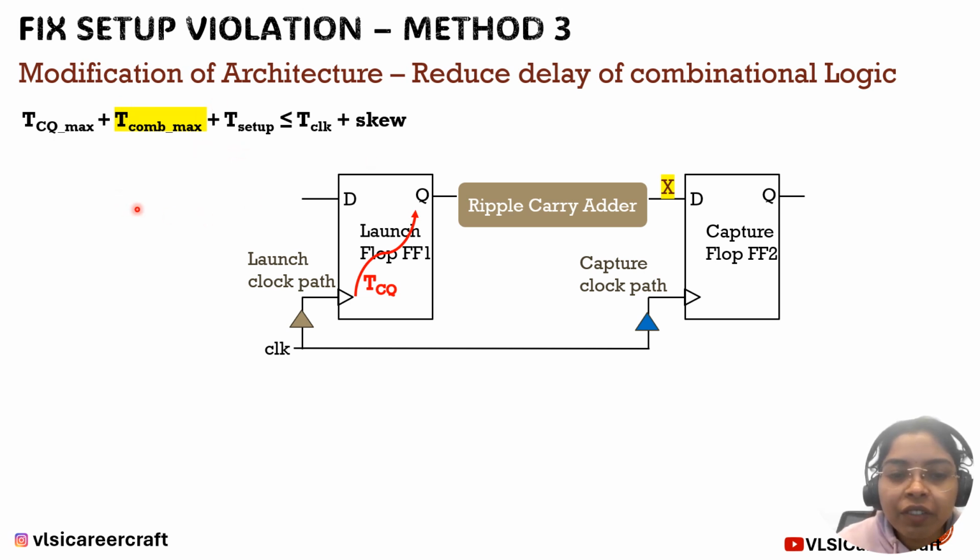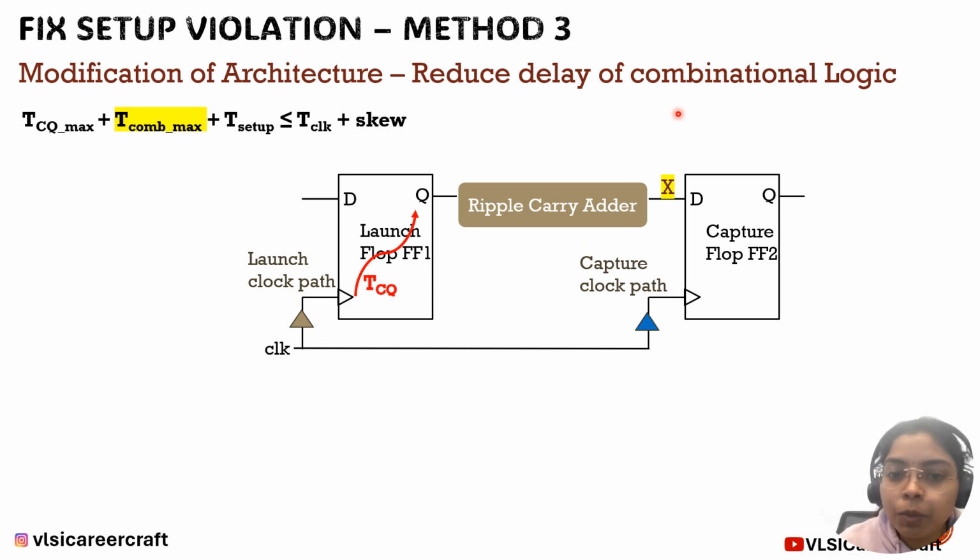How do we modify the architecture? For example, let's say the combinational logic between this launch flop and capture flop is a ripple carry adder. We all know that a ripple carry adder takes the smaller area, but the delay of this architecture of the adder is somewhat higher.